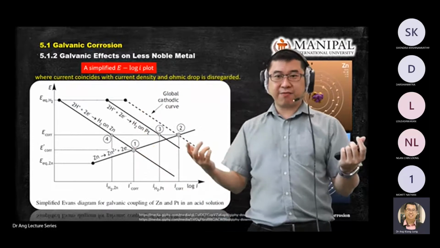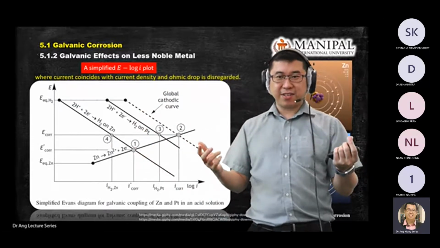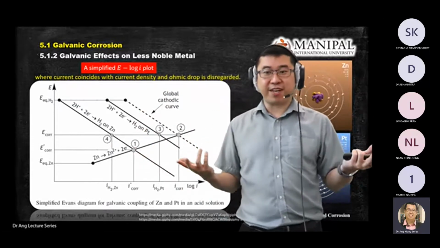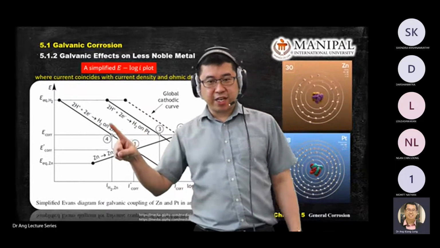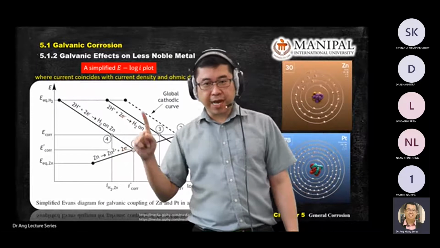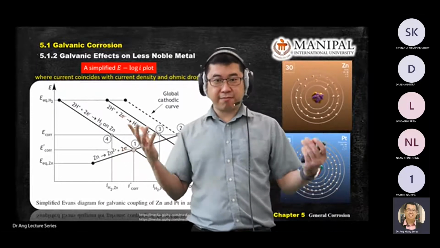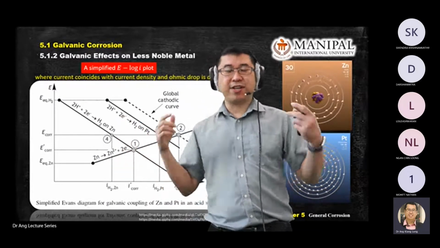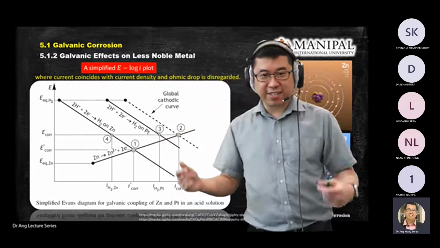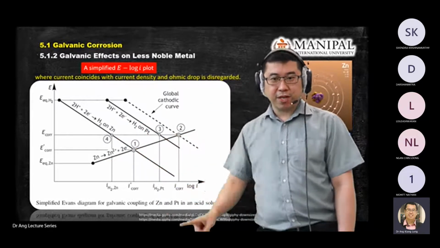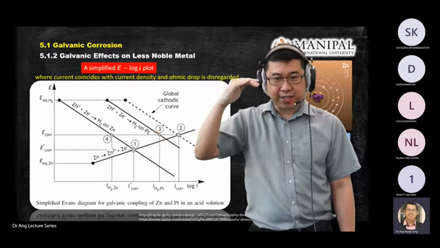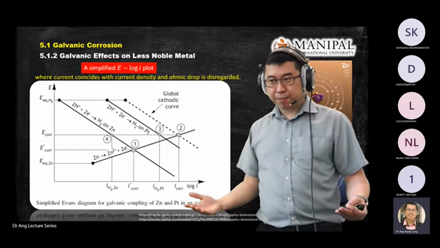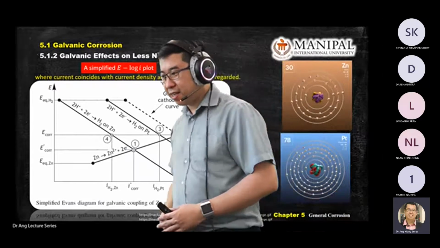If the solution given is acid, you think what do you have in acid? H positive charge. So you write H positive charge combined with electron, you get hydrogen gas, H2. On what? On the cathode station. Make sense? Okay. Everyone good?